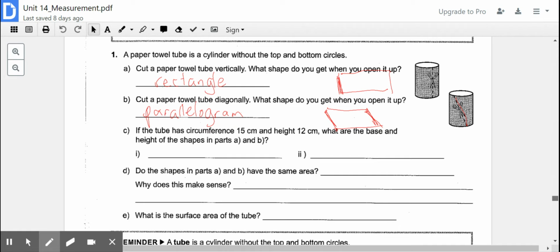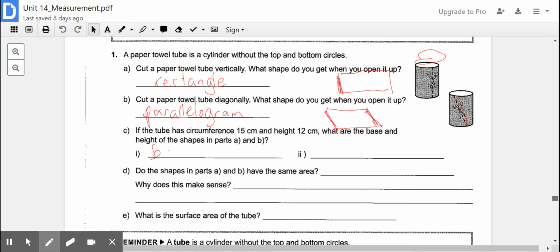If the tube has a circumference of 15 centimeters and a height of 12, what are the base and height of the shapes in parts A and B? Well, if the circumference is 15, that's the measure around the outside edge. That's going to be the base of my rectangle.